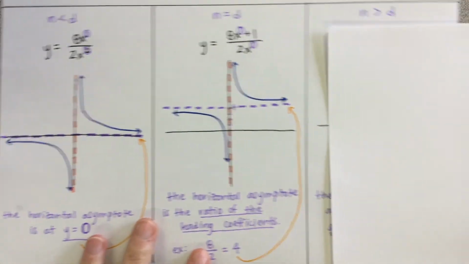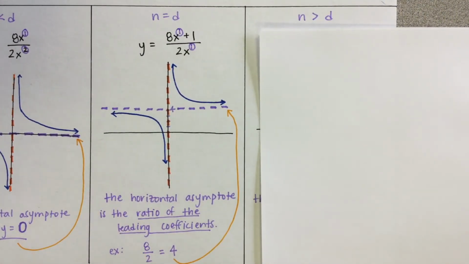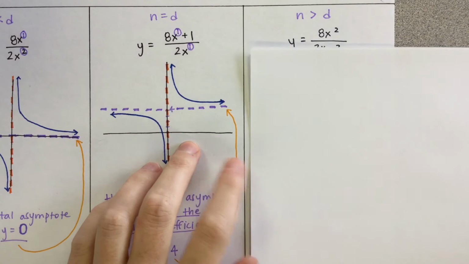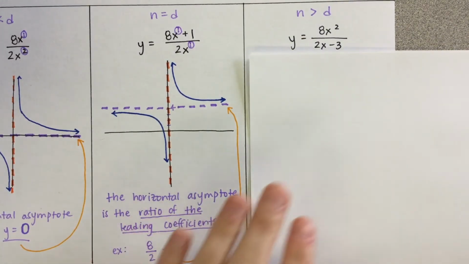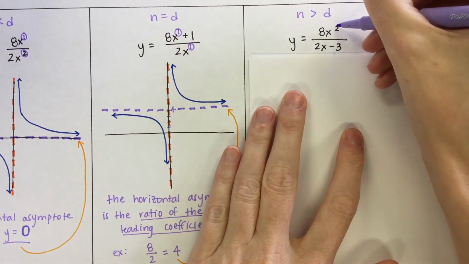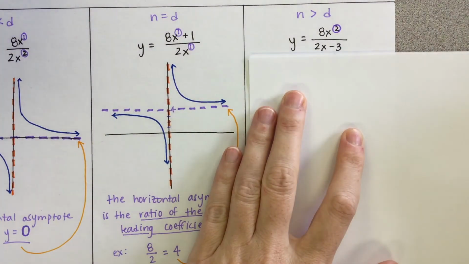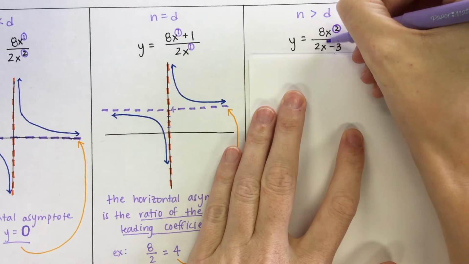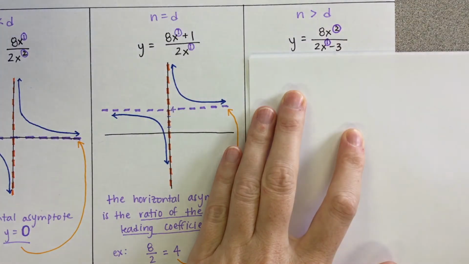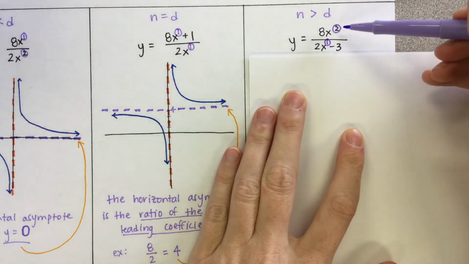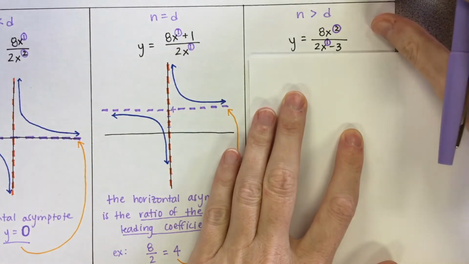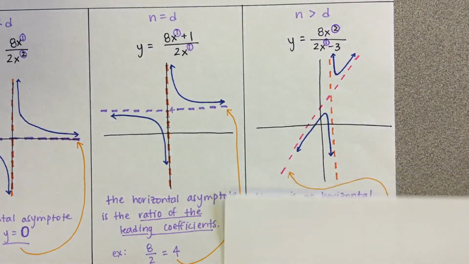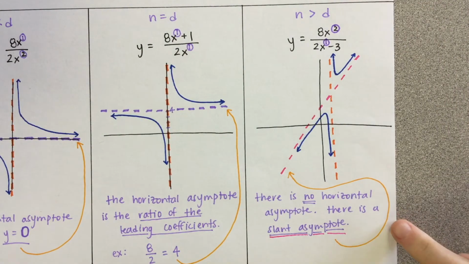All right, and then the third possible scenario is that n is greater than d. The degree of the numerator is greater than the degree of the denominator. So here the degree of the numerator is 2, and the degree of the denominator is 1. That's x to the first power. So n is greater than d in this equation. So when this happens, there is no horizontal asymptote of this graph.